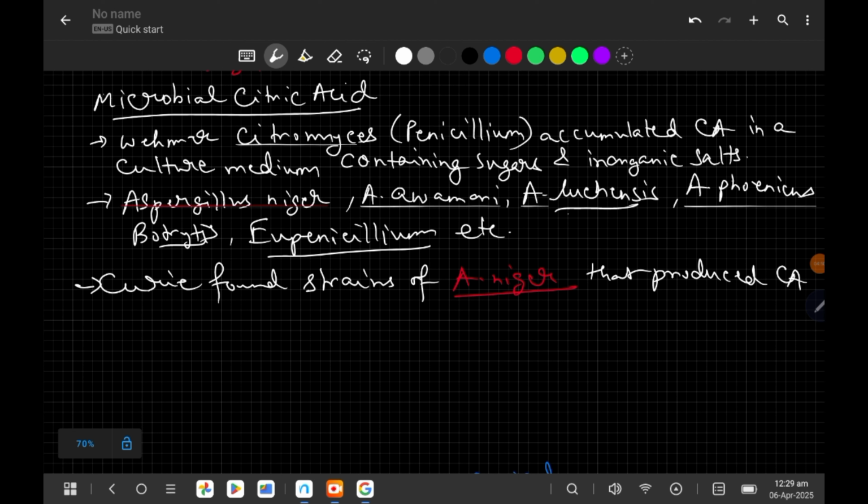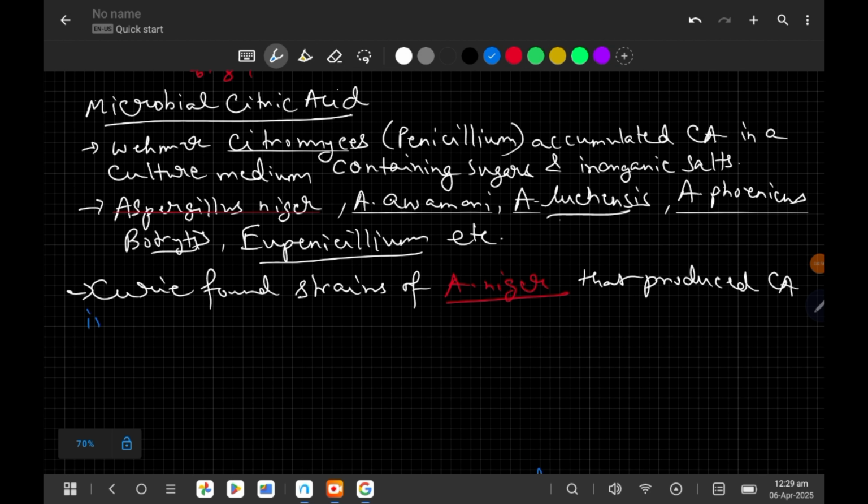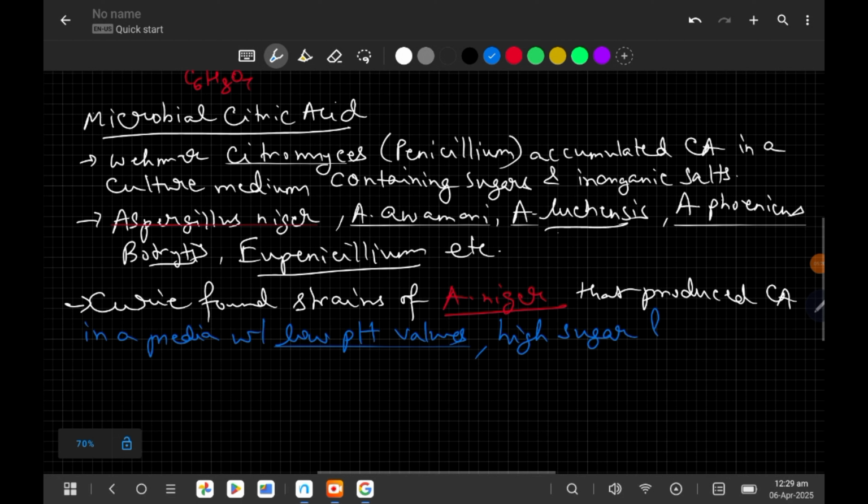But where? That is the question. In a medium with low pH values. This is important, low pH values. Why? I will tell you just now. High sugar and mineral salts.